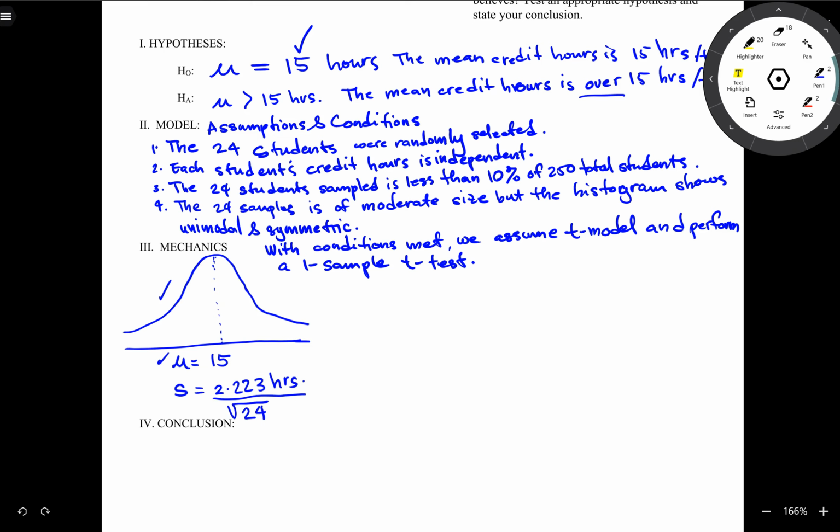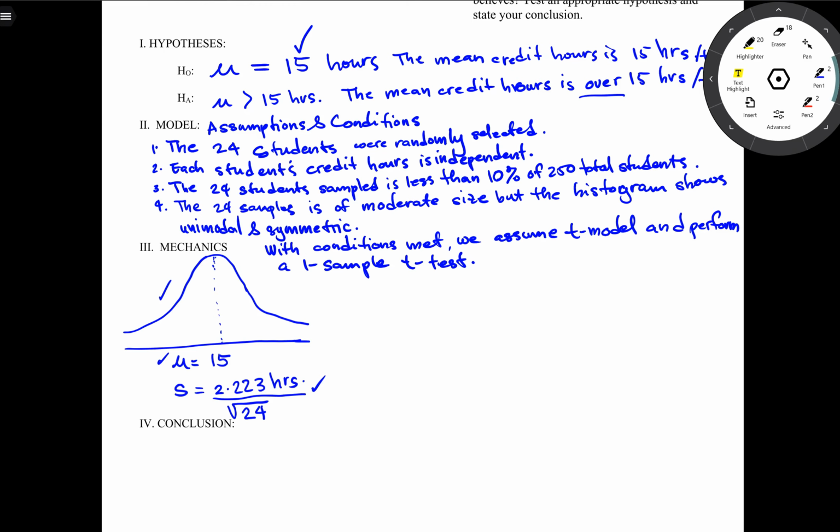You have to remember that 2.223 is your estimation of the population standard deviation. We are doing sampling here, and for sampling, the standard deviation of this model is the standard deviation of the population divided by the square root of the sample size. That is what I'm talking about. So we got shape, center, spread here.